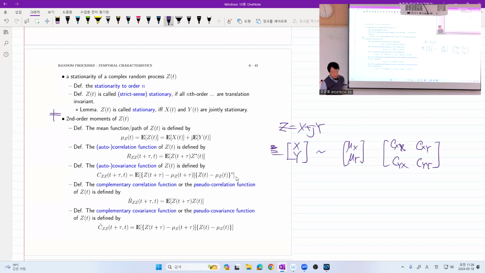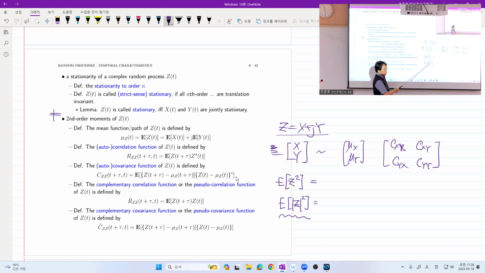The problem is that if you just take the correlation in this way or in this way, what happens? Let's take a look at the natural extension of our non-centralized second order moment of a complex valued random variable.